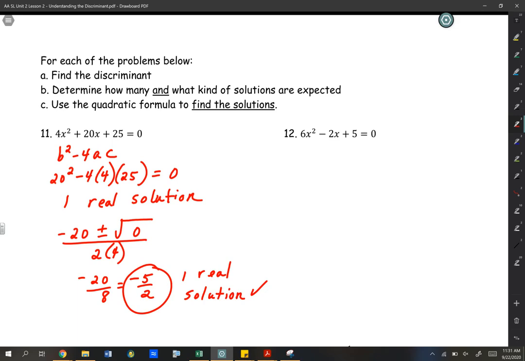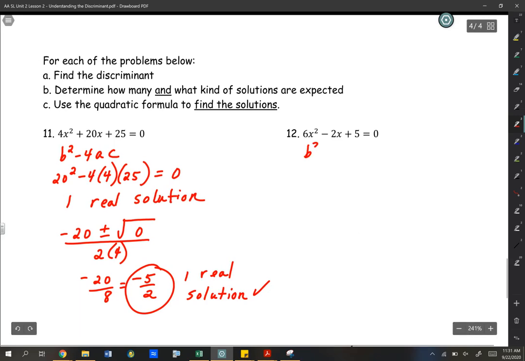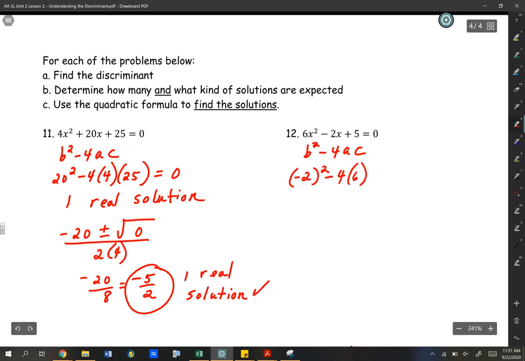Okay, let's try number 12. First, we're going to find the discriminant. When we do that, we get a value of negative 116.